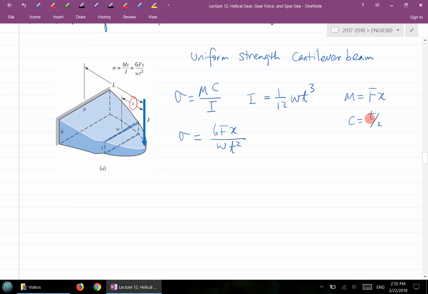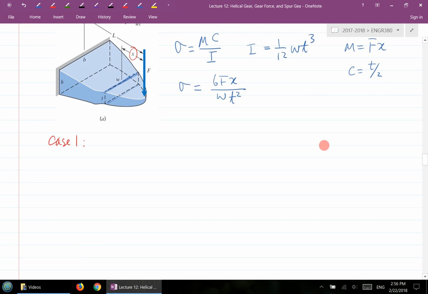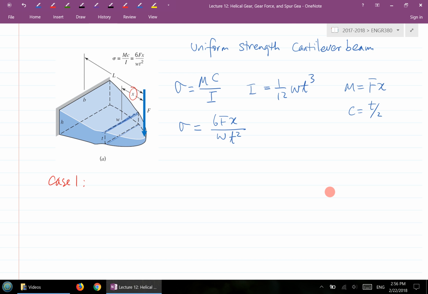Now I can give you two different cases. Let's look at the first case. For the first case, what I want to do is maintain sigma constant. Think about it: what does constant sigma mean?